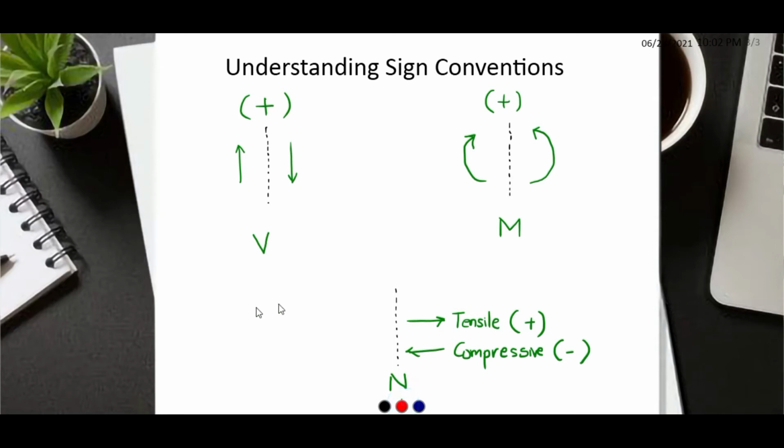So in our case, we drew the section and considered the left hand side of the section, but we are determining the internal forces just right of this section. So that's why I have shown the forces according to this one, and this one.